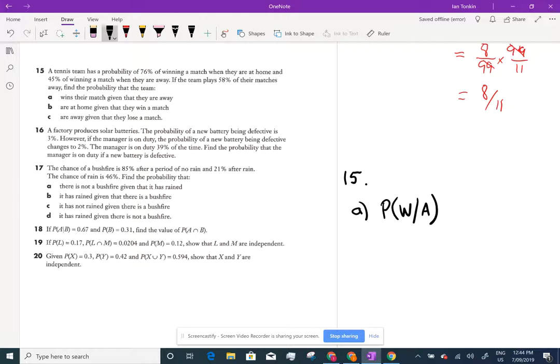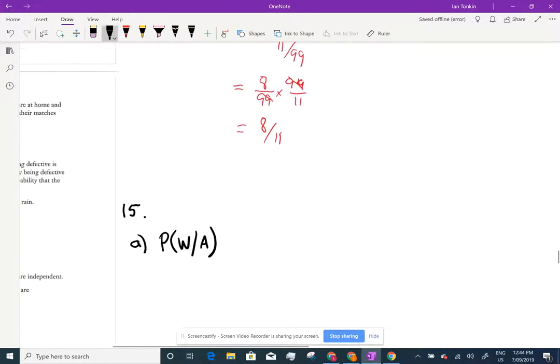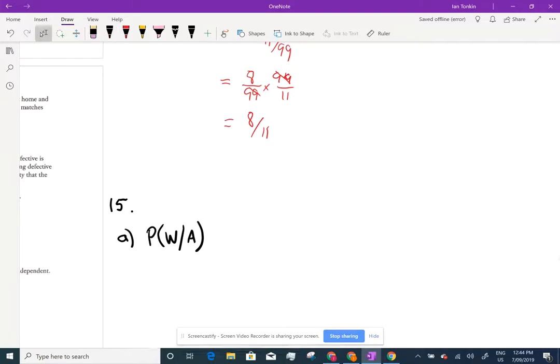Now, what you have to do is you have to draw a tree diagram. So they're either at home or away. They either win or they lose. They either win or they lose.